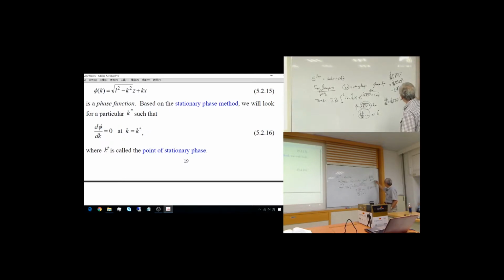L is constant, so this will become negative 2k.